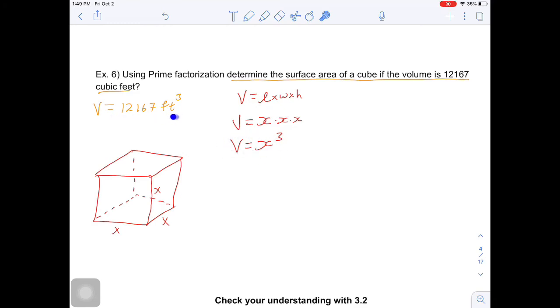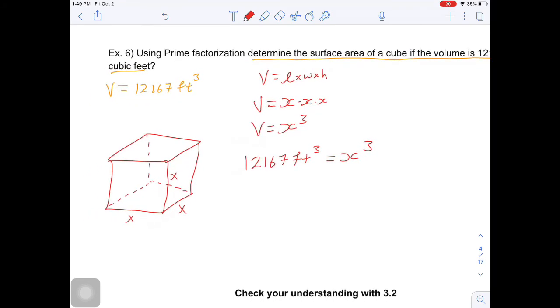So here, if we can't use our calculator, we have the volume, we want to find the side length, because in order to find the surface area, we need the side length. So how can we do that? Well, what we can do is say 12,167 feet cubed equals x cubed, okay?